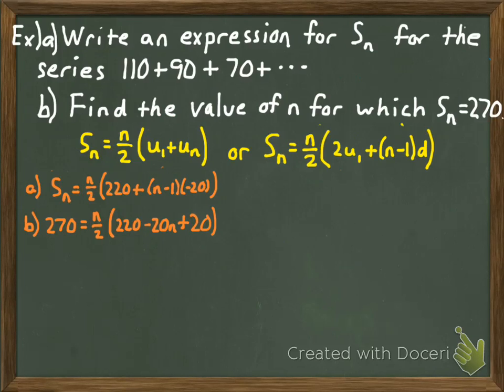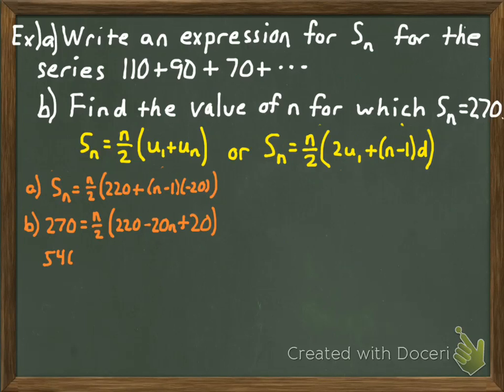We do have n in a couple of different places, don't we? We've got n right here. We've got n right there as well. All right. One thing I'm going to do here that's going to make this look a little neater, doesn't serve any other purpose, is I'm going to go ahead and multiply both sides by 2 and get rid of that denominator. Now, multiplying the left side by 2 is going to give me 540.